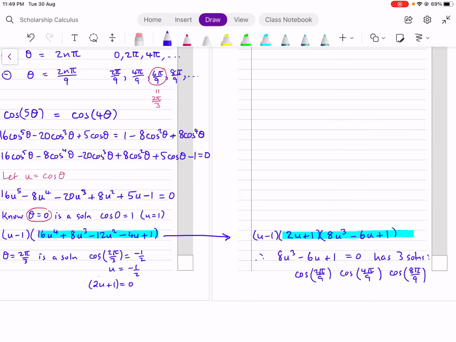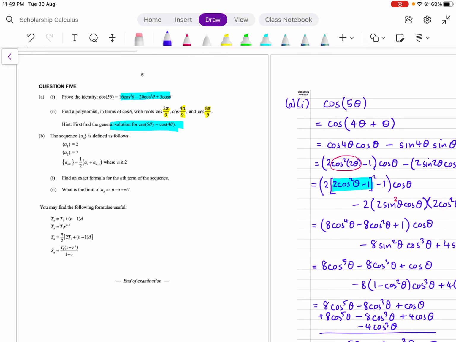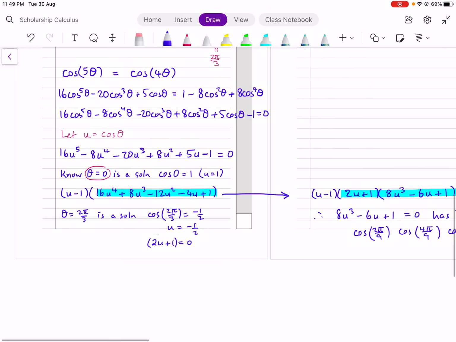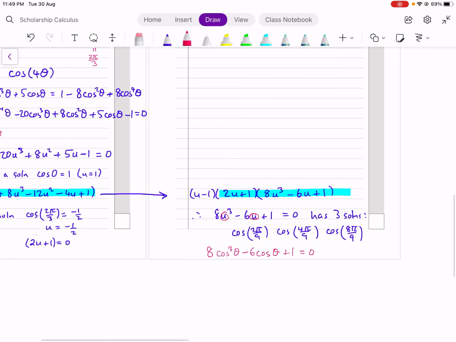Now the question, if you look at the mark schedule, I think the question's actually a bit wrong, because they said find a polynomial which has solutions of cos 2 pi over 9, cos 4 pi over 9, and cos 8 pi over 9. And then what they do in the answers is they replace the u's, they put them back as cos, so they give an answer of 8 cos cubed theta minus 6 cos theta plus 1 equals 0. Now this polynomial has solutions of theta equals 2 pi over 9, 4 pi over 9, and 8 pi over 9.